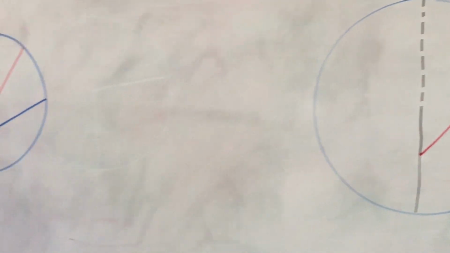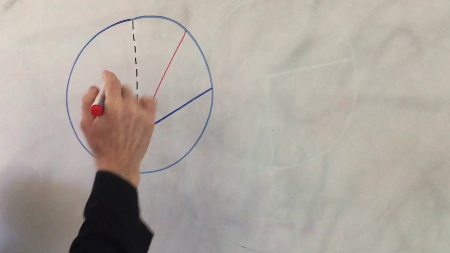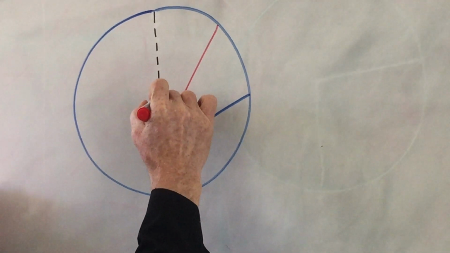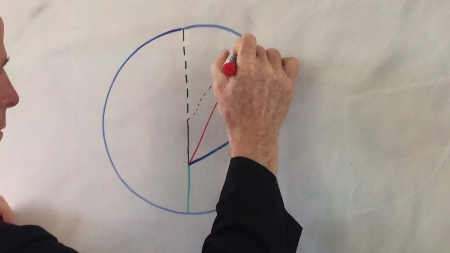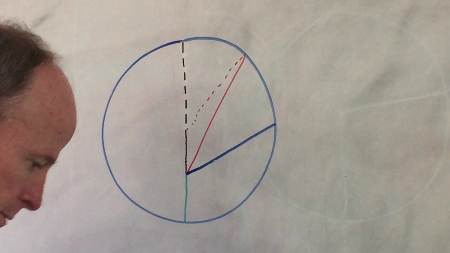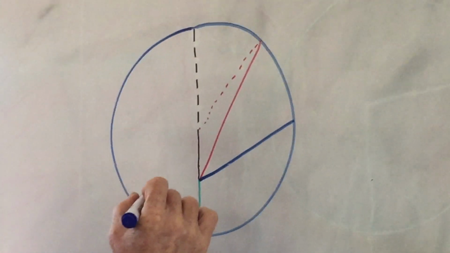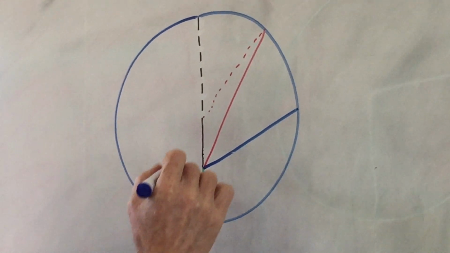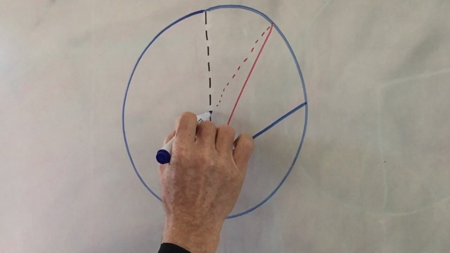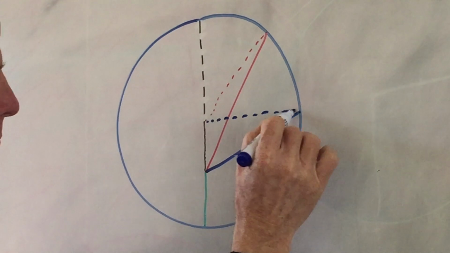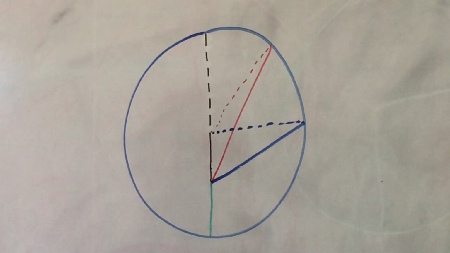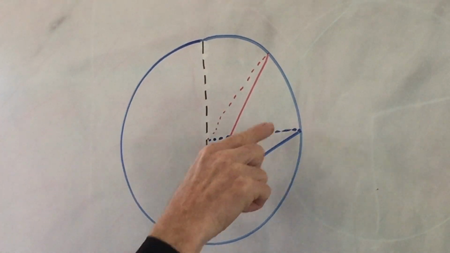So let's have some fun here. Let's connect from the center these 2 points, and then let's connect from the center these 2 points. Now, let's call this the red triangle and this the blue triangle.